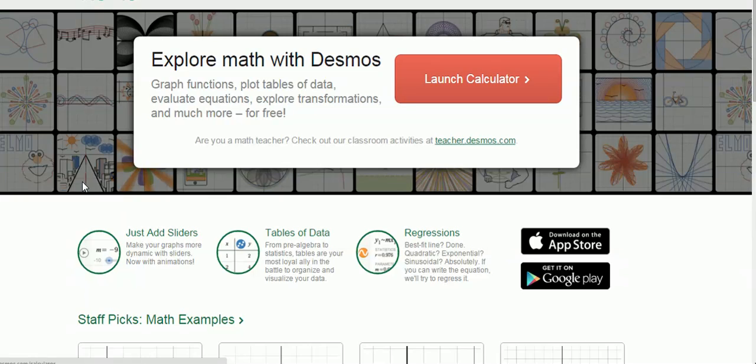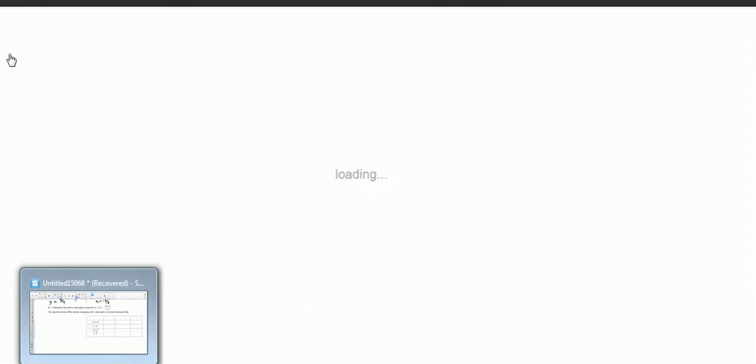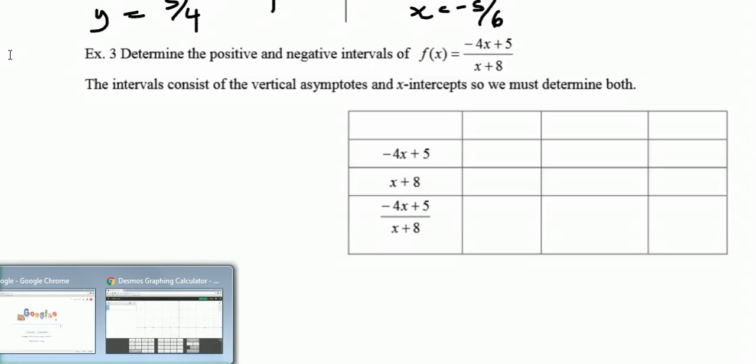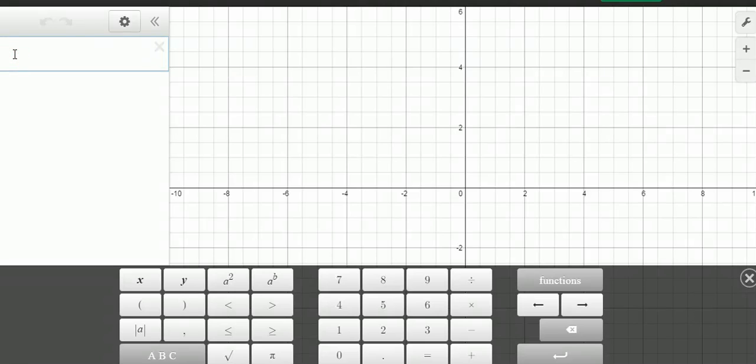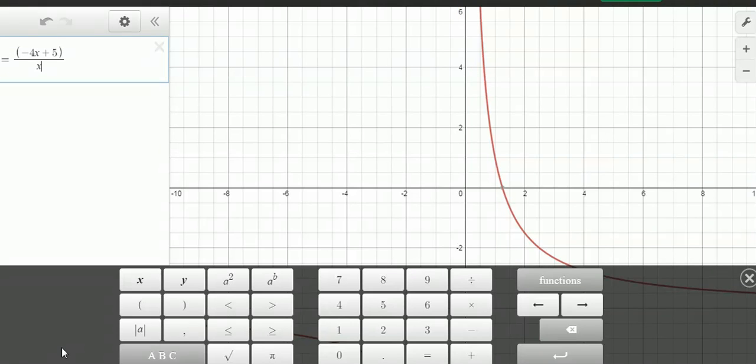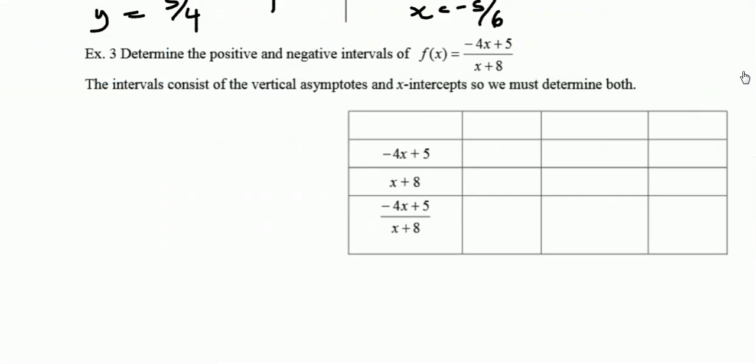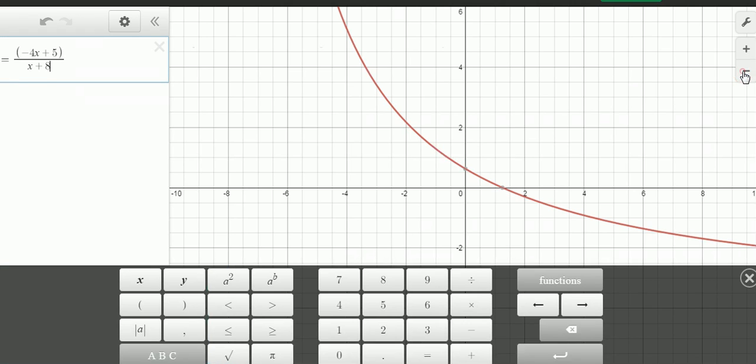And we're going to put in the equation negative 4x plus 5, I'll put it in brackets, divided by, what was it? X plus 8? Yikes. I think I'm going to have to go back and check. Yeah, okay.